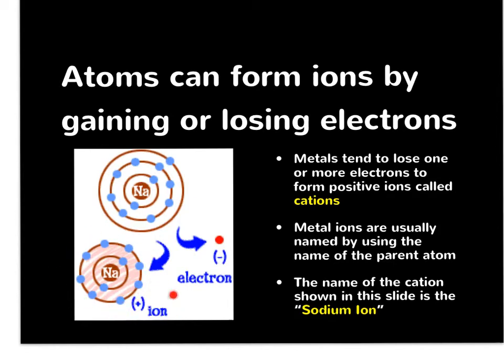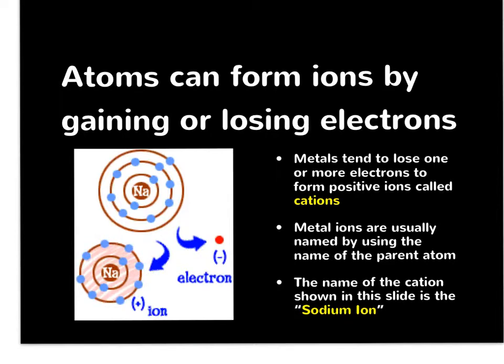So the sodium becomes positively charged. The other thing that happens when you lose an electron is because we lost this outermost ring, the size or the radius of the atom got smaller.